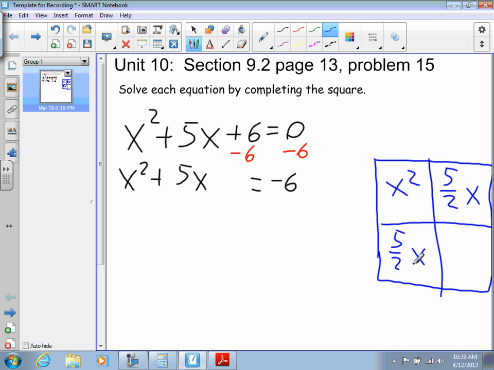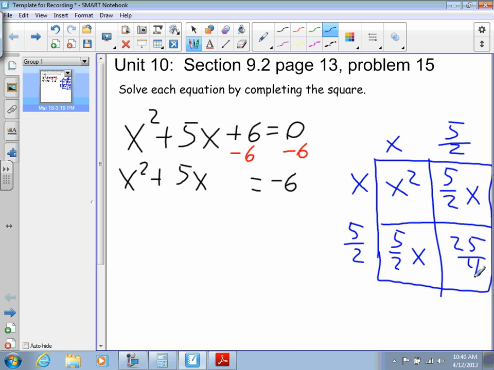So now we've got x and x, 5 over 2, and 5 over 2. When we multiply 5 over 2 times 5 over 2, we multiply across the top, multiply across the bottom, and we're going to get 25 over 4.